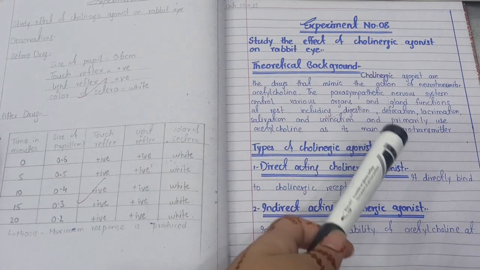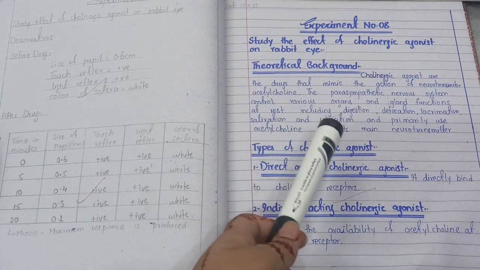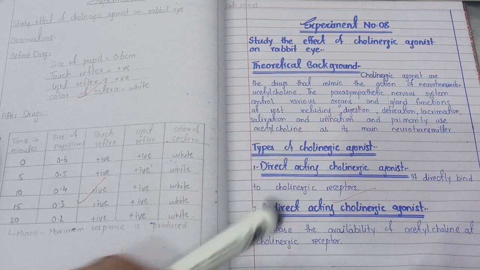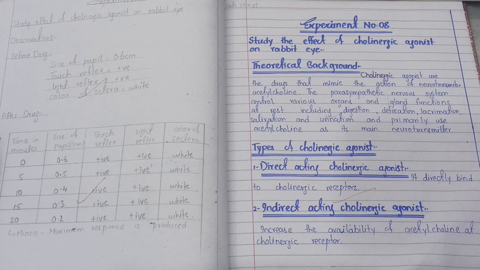So cholinergic agonists are the drugs that can mimic the action of the neurotransmitter acetylcholine. You know, you have covered the autonomic nervous system, you have covered the drugs which are acting on the autonomic nervous system, and the cholinergic agonist is included in it.